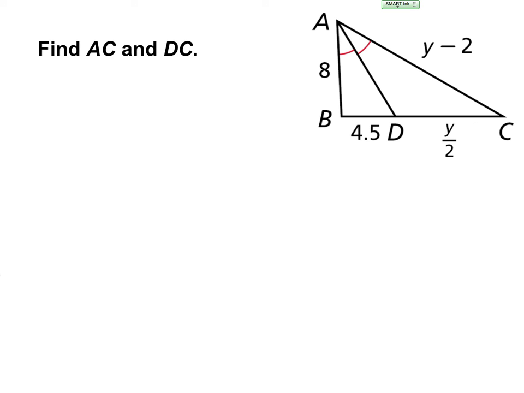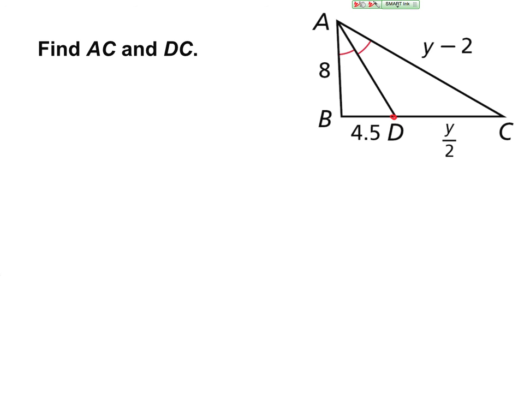Okay, so how would you do this one that would be an example of what's on the homework? What ratios have to be the same? Let's make one out of these two segments.